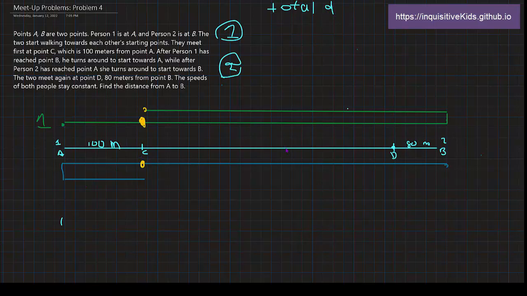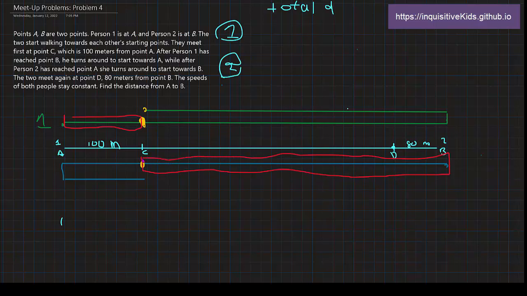When they first meet, you see that it's this part of the first person and this part of the second person, and they add up to exactly what?